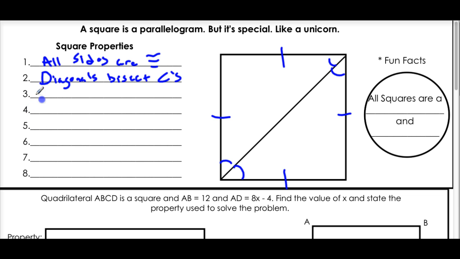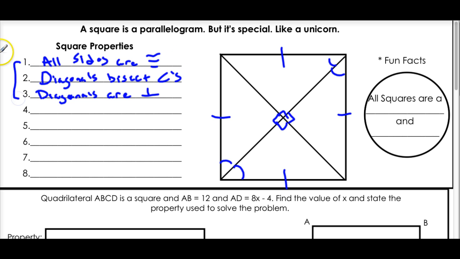Three, the diagonals are perpendicular. So once again, these are just the rhombus properties, all right? If you have a square, the diagonals intersect to make 90-degree angles, so they also share all the same properties of rhombuses. So here's all your rhombus properties, okay? So it's a rhombus.